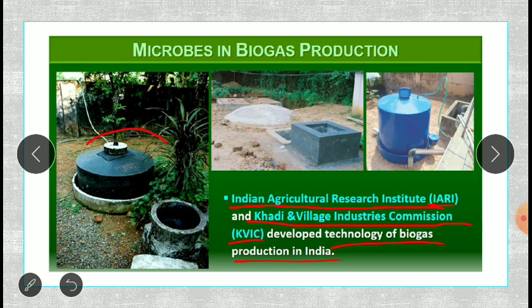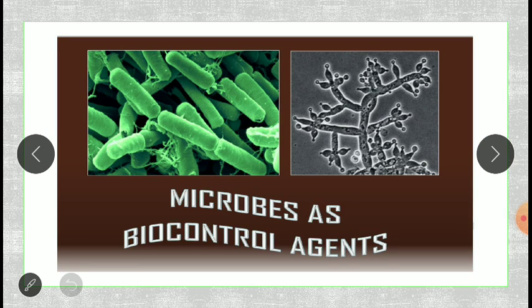So these are the biogas tanks, how they look. This is the inlet tank where the slurry has to be added. Here you can also see the concrete tank in the ground. Here the slurry will be added and it goes into the tank. So this is your biogas plant, which is very useful for cooking and lighting, especially in our Indian villages.